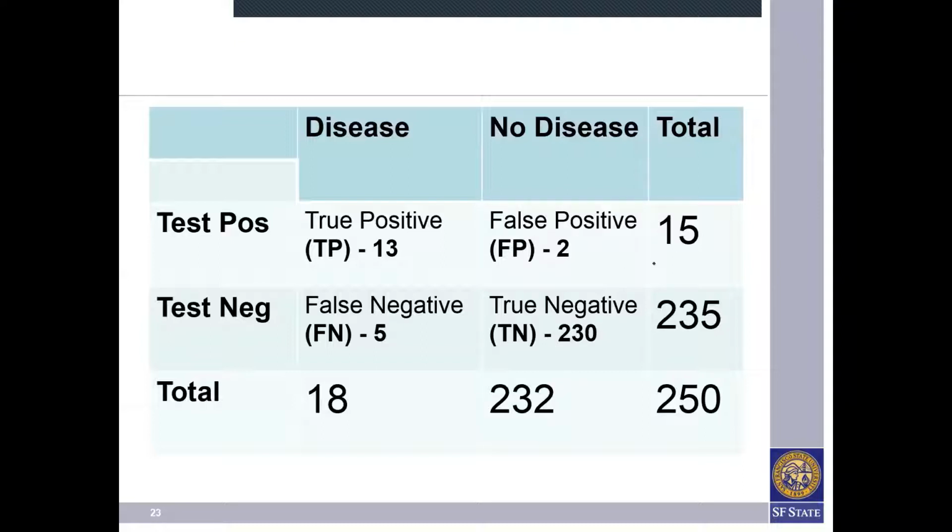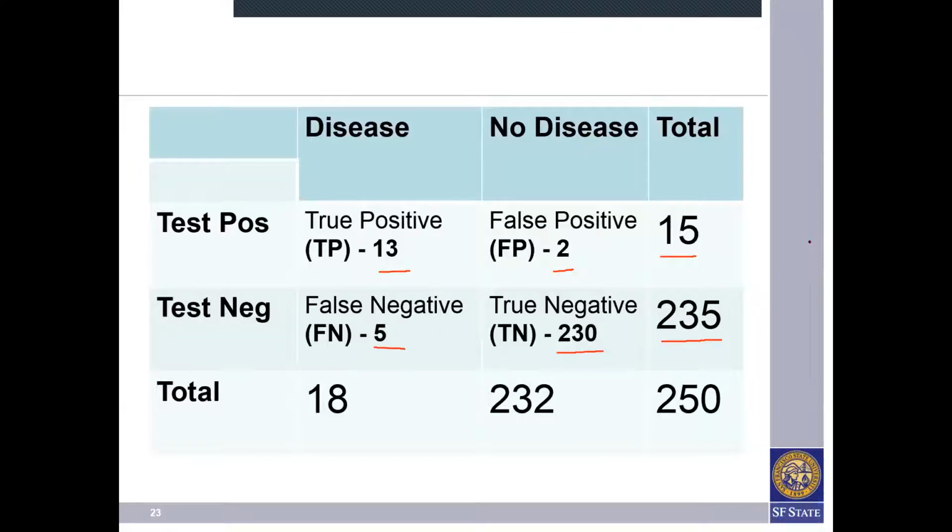So I have a total of 15 positives, right? 2 false positives, 13 true positives. And I have 235 negative results. 230 of them are true negatives, and 5 are false negatives. Simple enough, calculating true positives, true negatives.